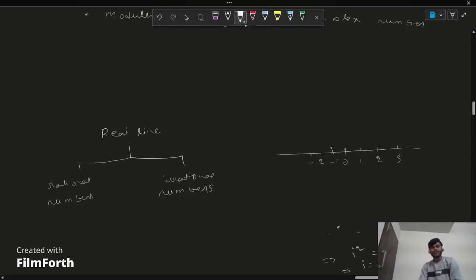We know we don't have a solution for the equation x square plus 1 equal to 0 on the real line, but we made an imaginary number i that will be the solution. Then where should we put that number? We have to make an imaginary axis for it, where we will put i.